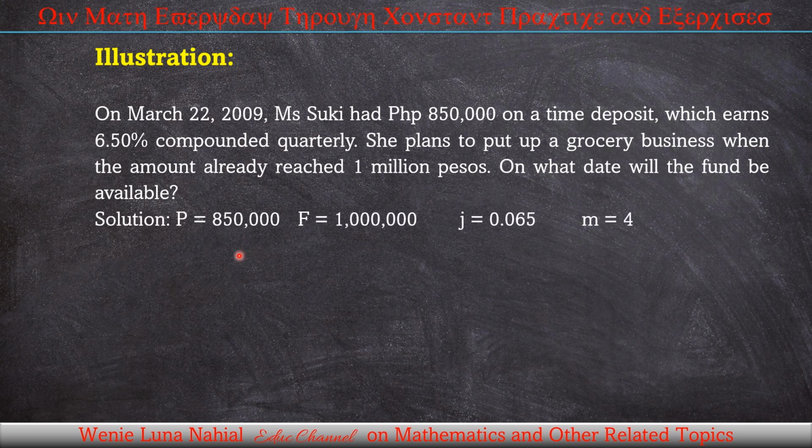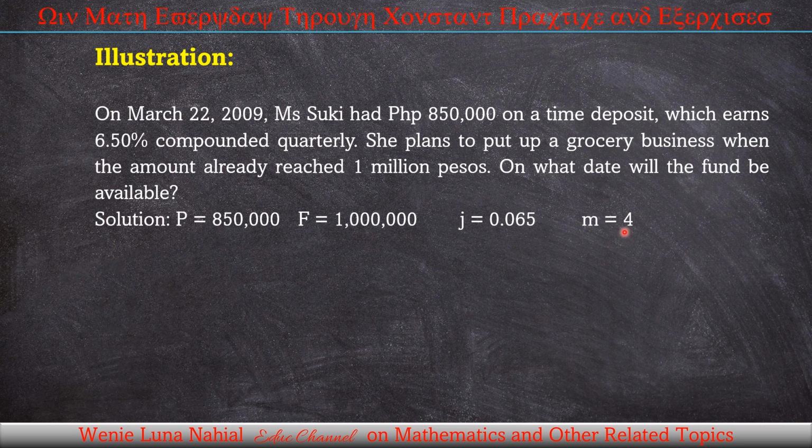So let's have our solution. Again, the present value is 850,000 and the future amount is 1 million. And that is good for a nominal rate of 0.065.